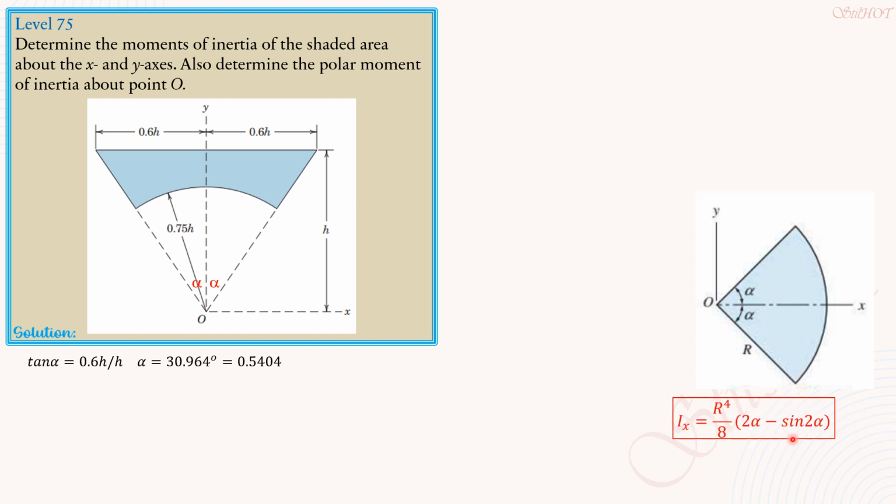And Iy, with respect to this axis, is r to the fourth over 8 times the quantity 2 alpha plus sine of 2 alpha. You can look at the derivation of these moments of inertia with respect to the x and y axes, for this orientation of the sector, in the preceding videos that I have on moments of inertia.